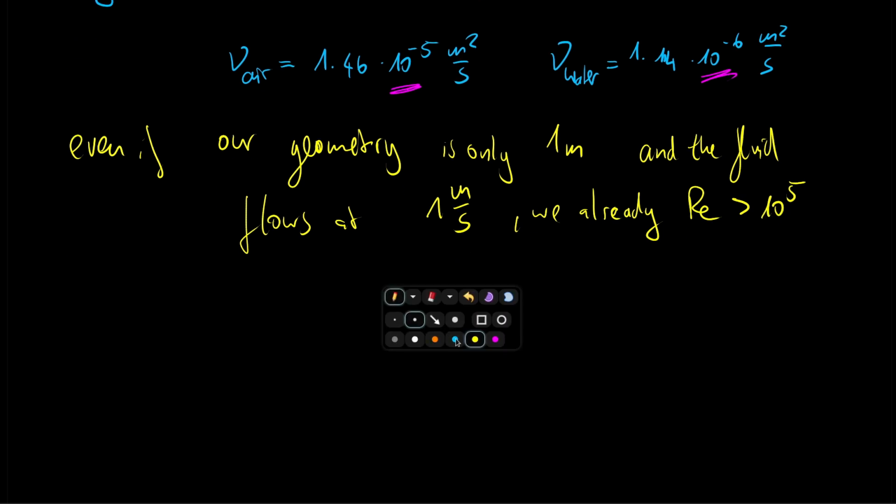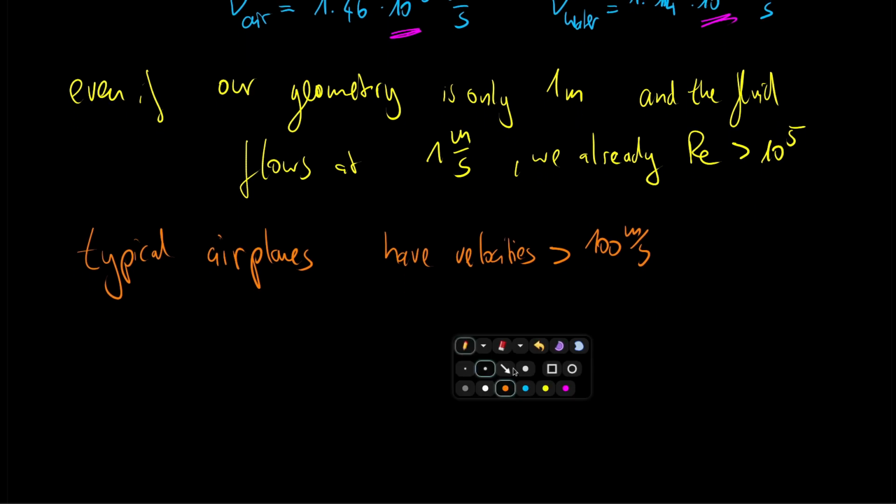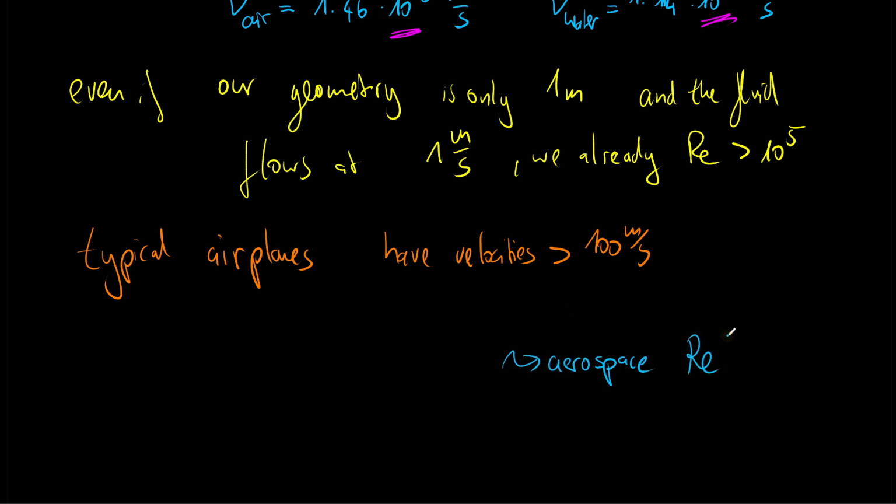And now consider the following: typical commercial airplanes have cruising velocities of greater than 100 meters per second, and this would add 2 orders of magnitude. And maybe if we roughly think of geometry in that sense, we can approximately say that for aerospace we have Reynolds numbers of roughly 10 to the 8, which would be 100 million, so crazily high.